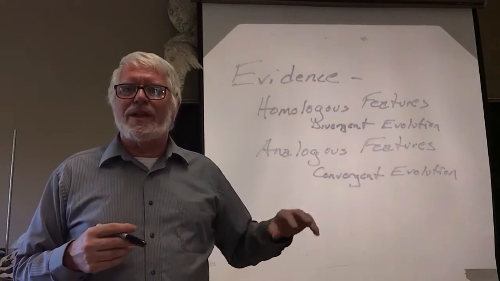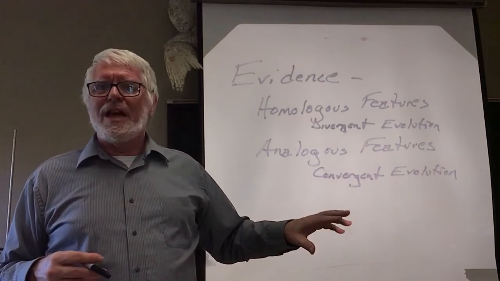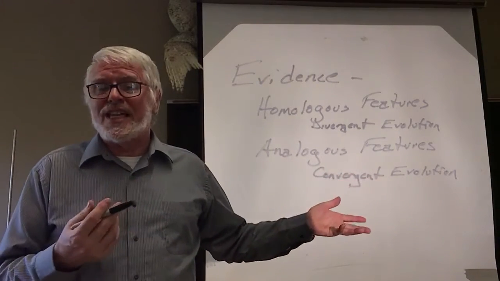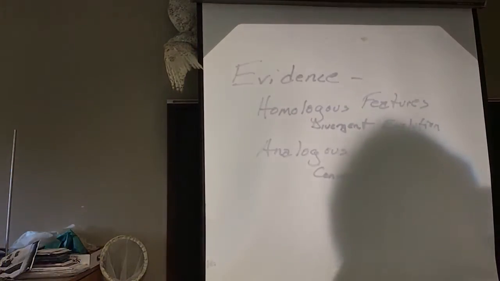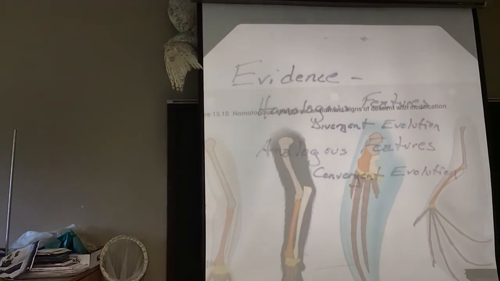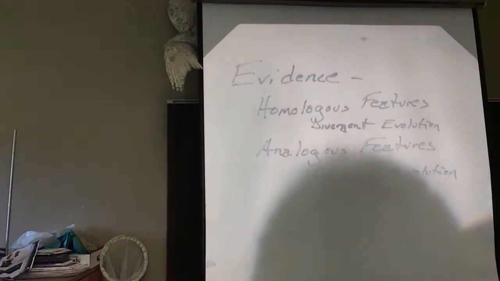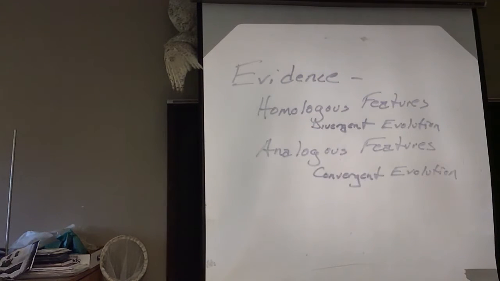And so you get this convergent evolution where unrelated species show very similar features because of what the conditions have essentially driven the survivors to. And so you wind up with these homologous features like the ones we had before. So that's comparative anatomy.